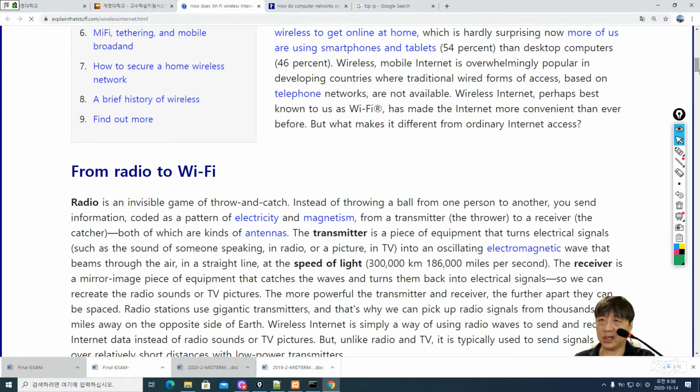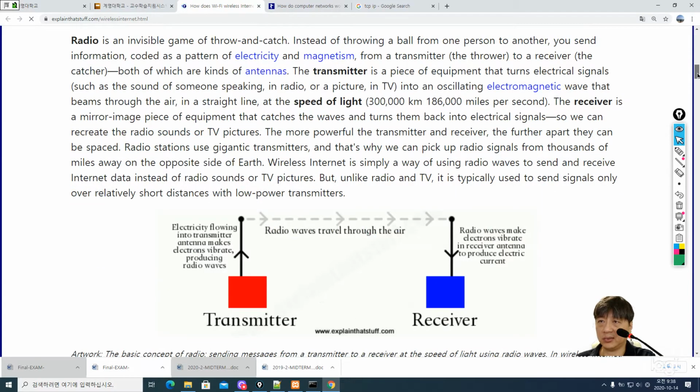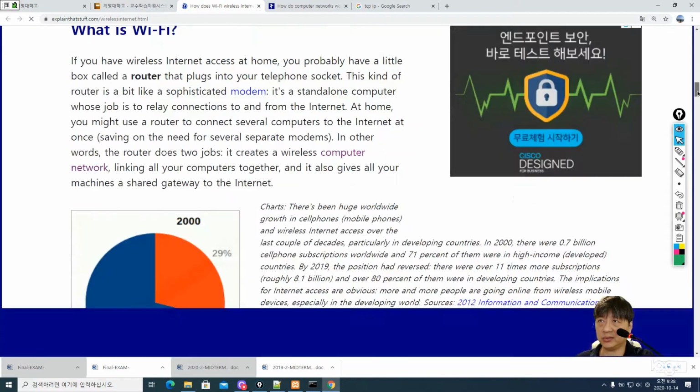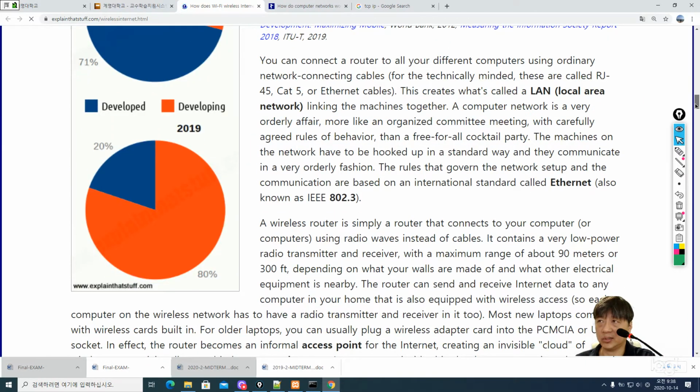Anything that's not wired, that would be wireless. Wi-Fi, that means LAN using Wi-Fi transmission. Okay. And we talked about the IEEE, the protocols.